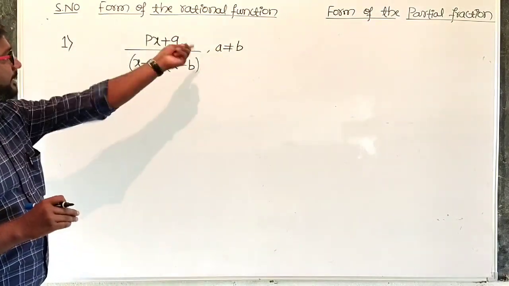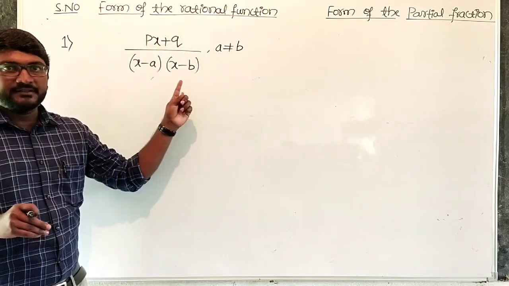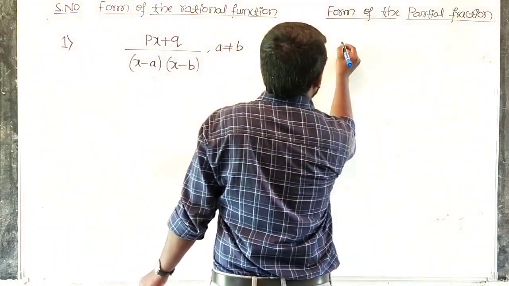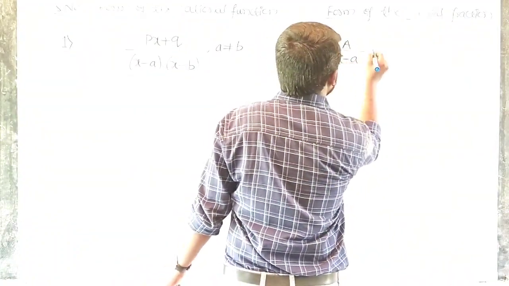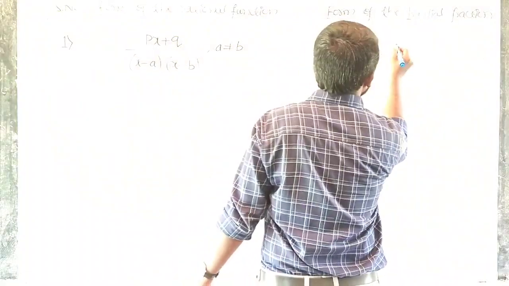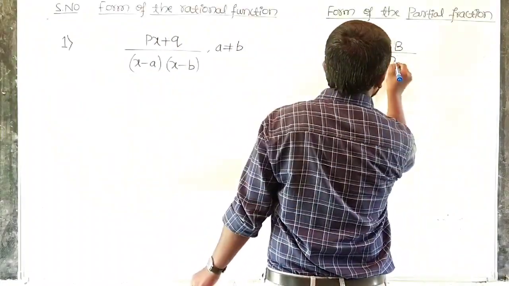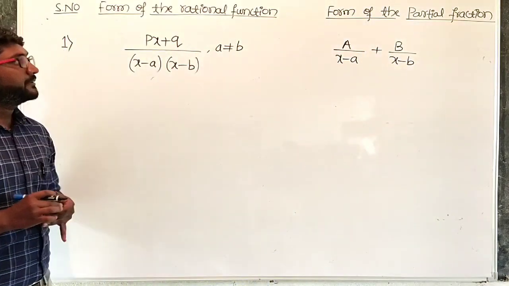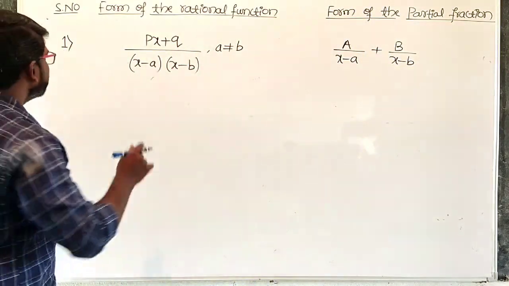If this is the form of the rational function, its corresponding form of the partial fraction will be capital A divided by x minus a plus B divided by x minus b. So this is the first form. Let us go for the second one.